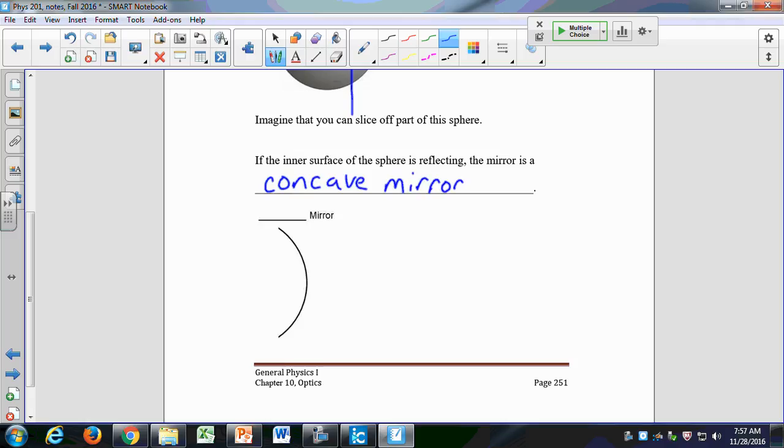I like to think of the concave mirror where this is my reflecting surface, my object would be over here, and this is the back side of the mirror. And as I said, this is like a shaving mirror or a makeup mirror.